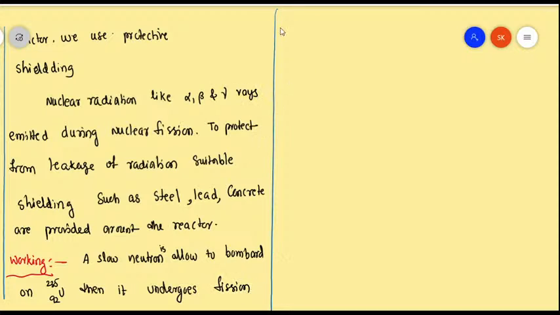When it undergoes the fission, energy is released, right? It undergoes fission with the release of 2.5 neutrons.